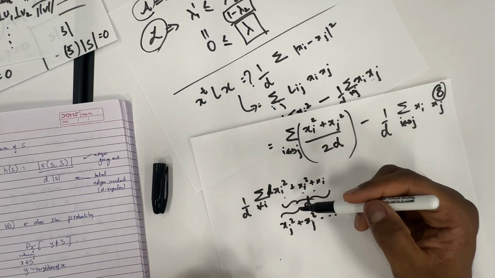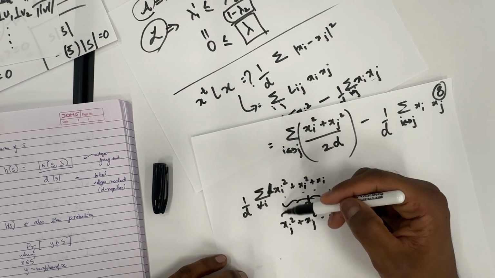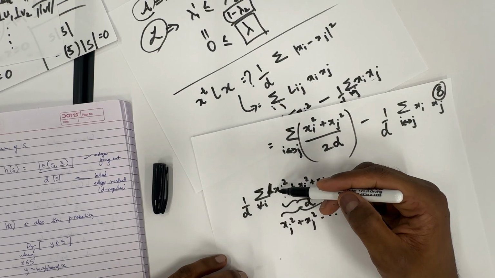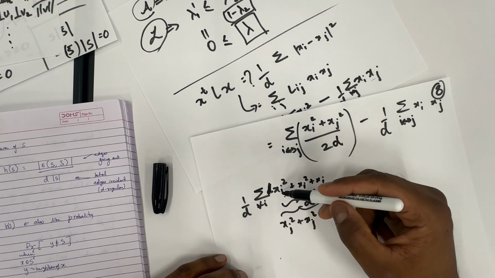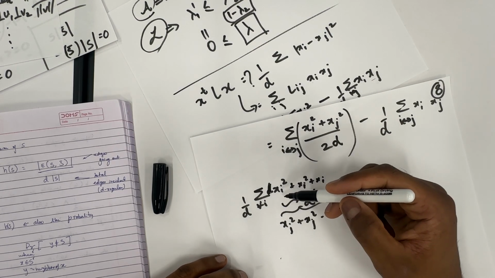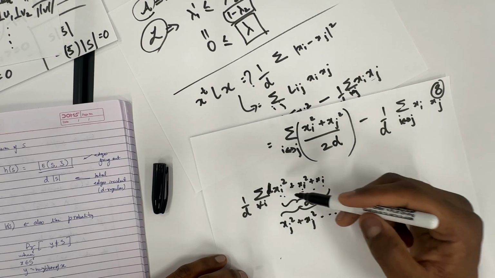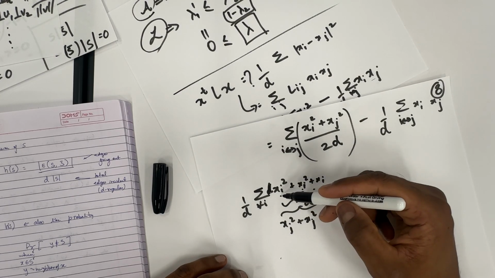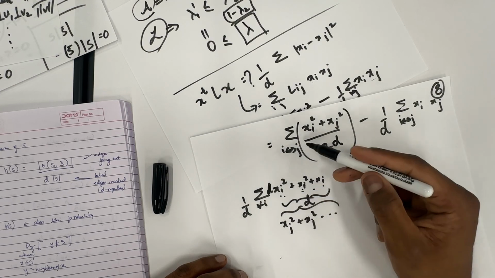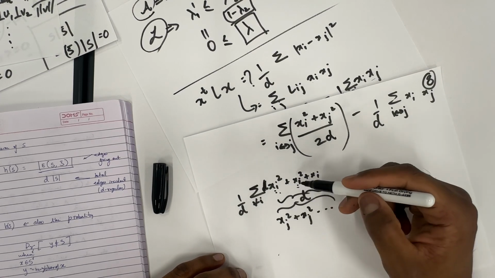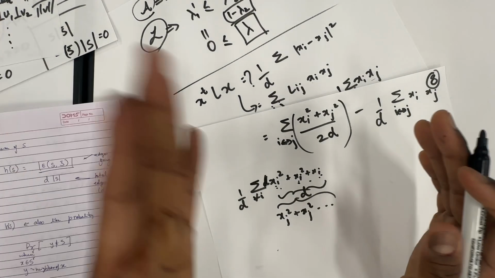Now what I do is I club every i and j which are edges. So because xi only has d neighbors, all of these xi will find a particular neighbor, let's say this one I club with a neighbor. So all of these xi's will find their d neighbors.